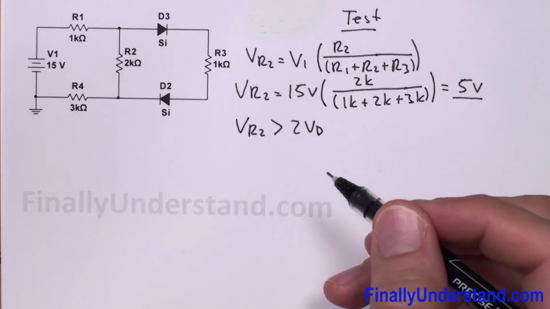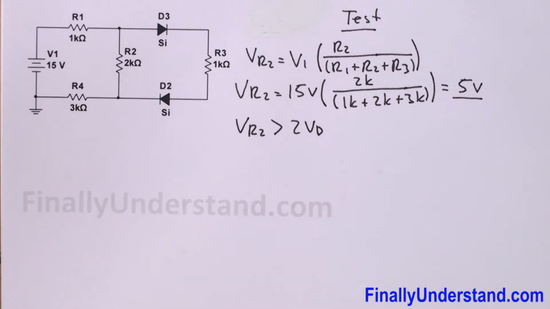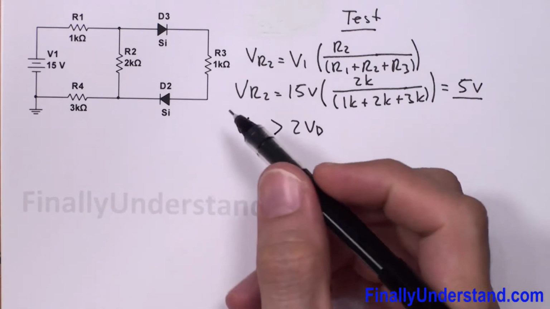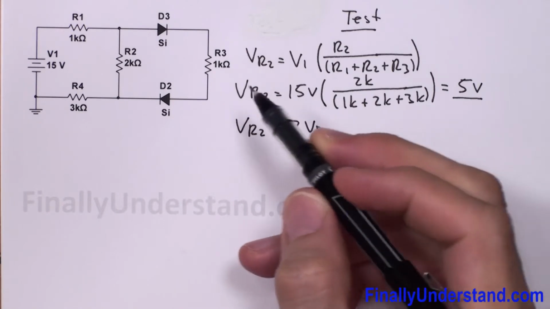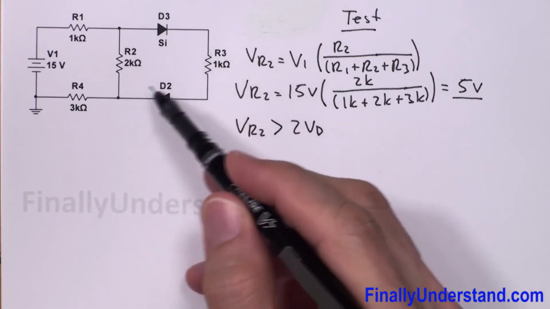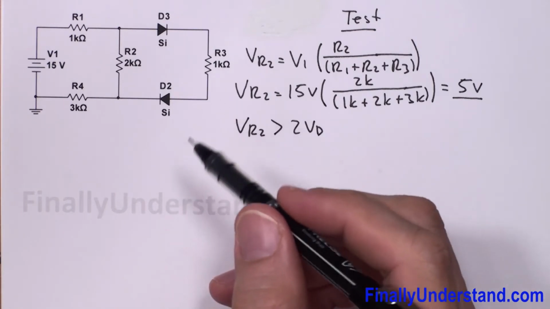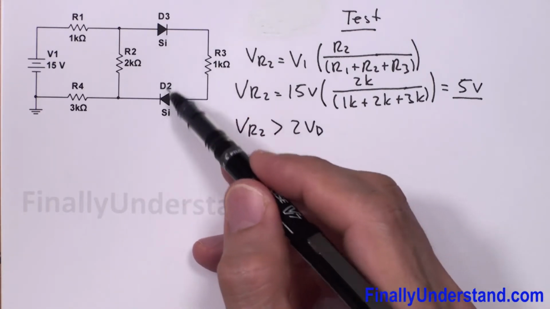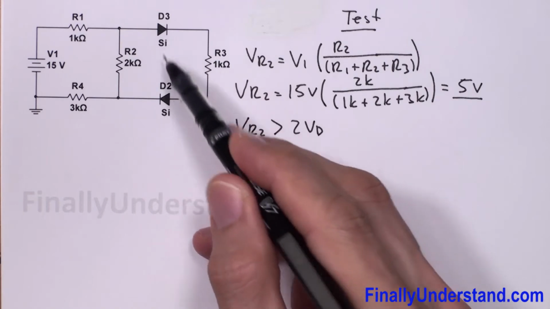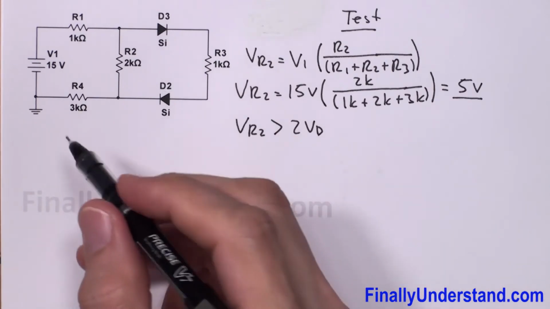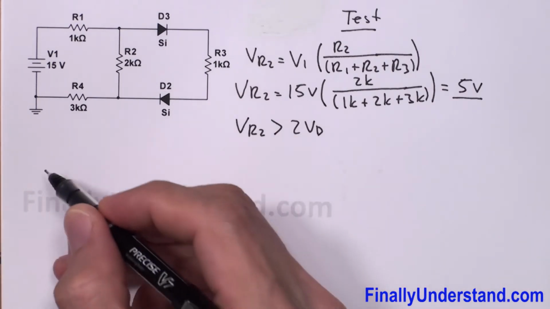So next, you're supposed to realize that in order to use Thevenin's theorem, I'm supposed to redraw the circuit. So what I'm going to do, I'm going to remove the diodes from the circuit and simply draw something like this.